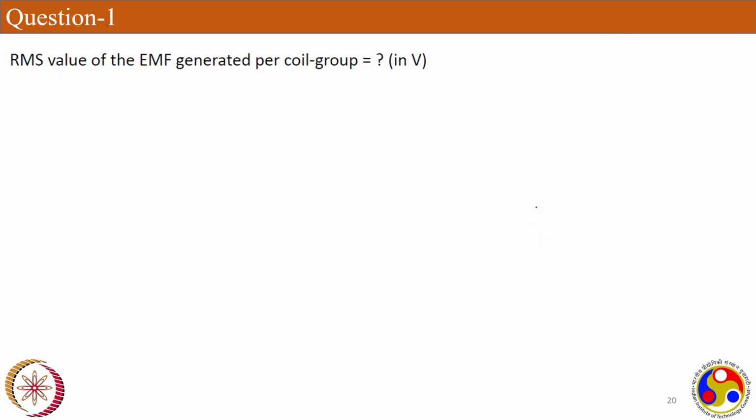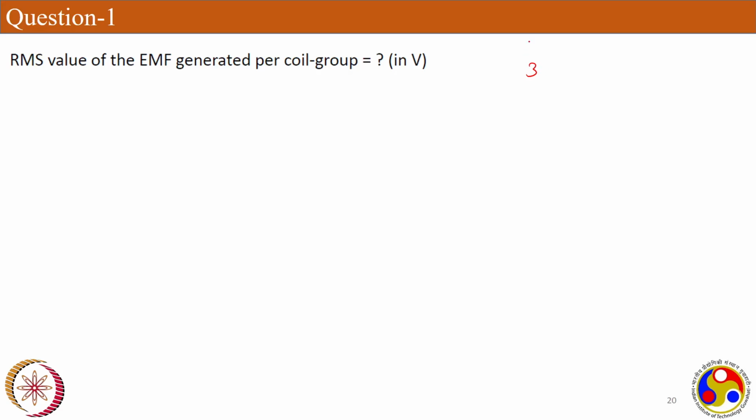And the last question for today is the RMS value of the EMF generated per coil group. Now that's important. Coil group means how many coils are there per pole per phase. How much is M here? That is 3.